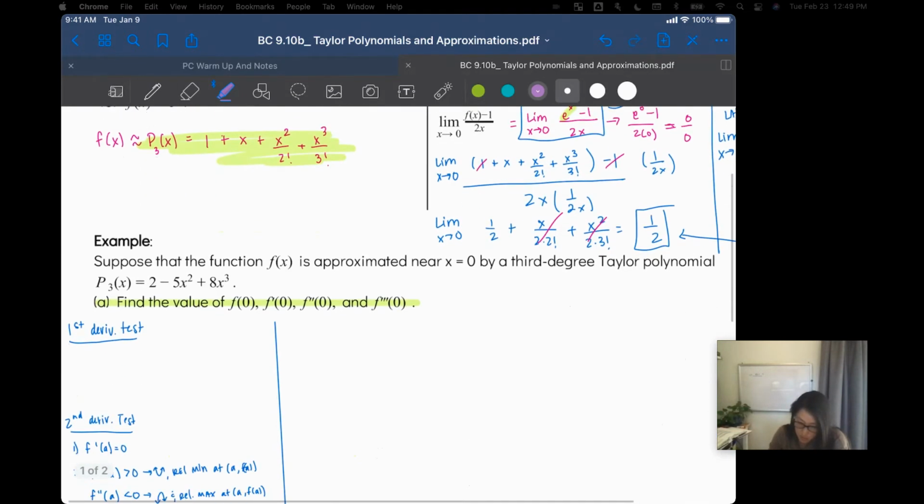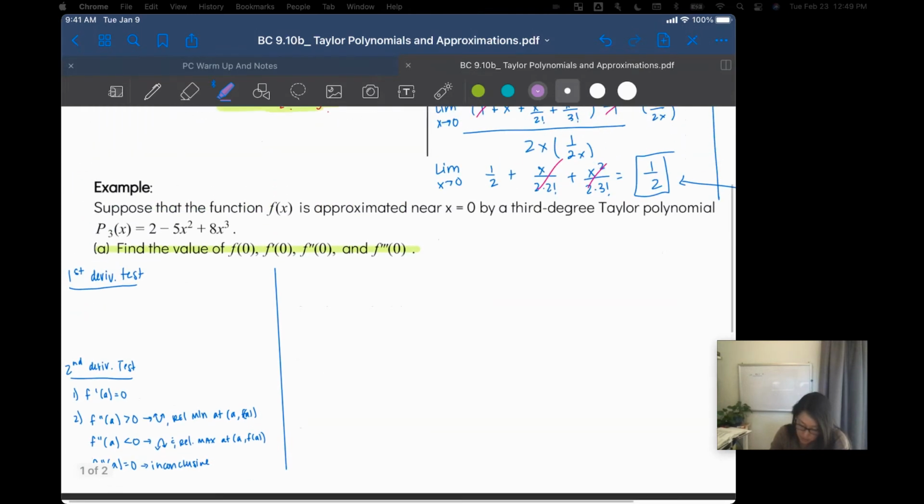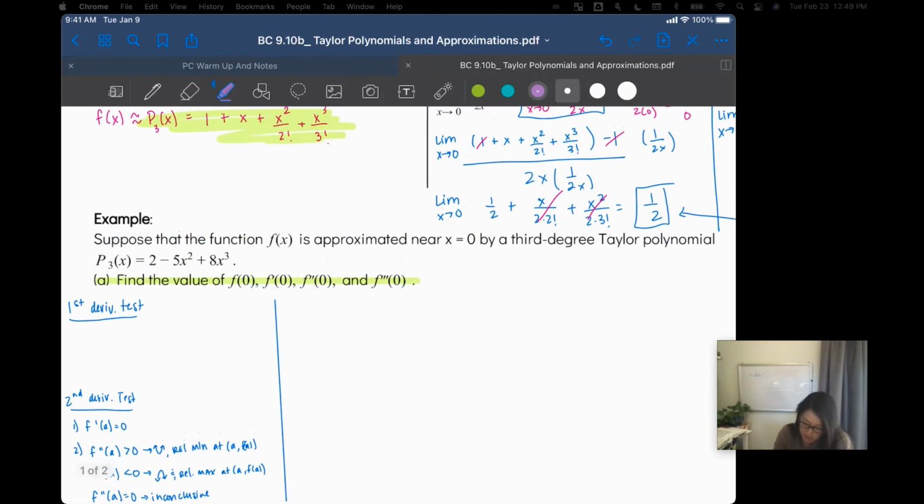So I look at p sub 3 of x, and what I know is that the 0 degree term, 2, is equal to f of c. With c being 0, because we're centered around x equals 0, I can write f of 0 is equal to 2. It's basically the first term.